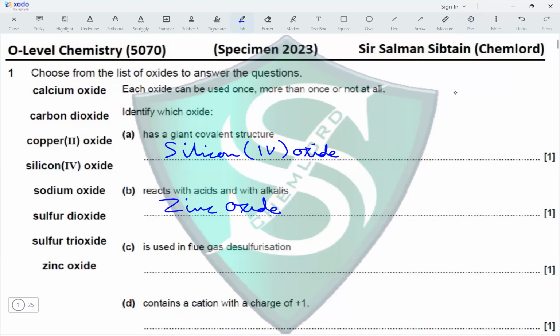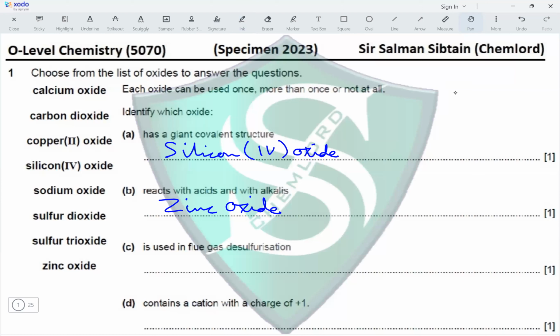Part C is used in flue gas desulfurization. So, flue gas desulfurization is a process in which sulfur dioxide reacts with a calcium salt. It should be calcium oxide or calcium carbonate.